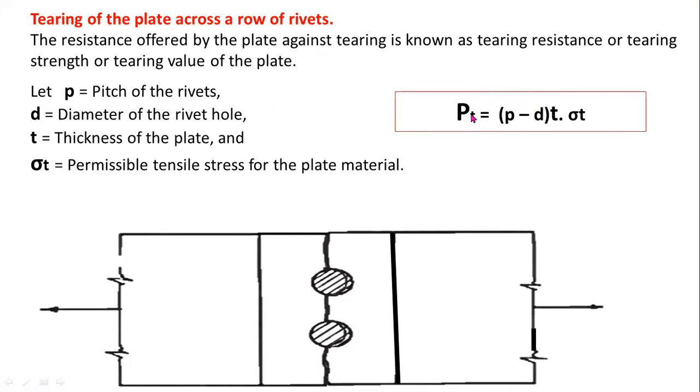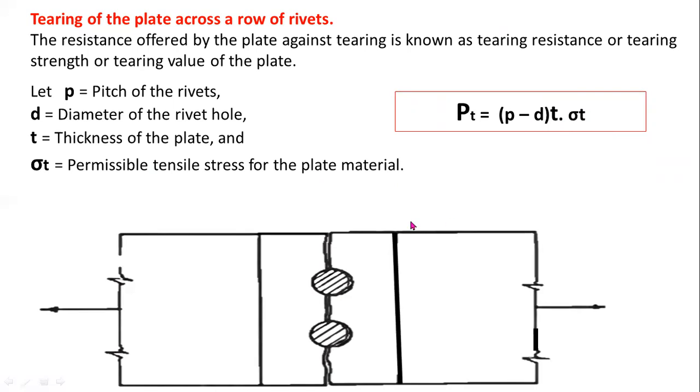Pt is the tearing strength or tearing resistance: Pt equals (p minus d) into t into sigma t. Sigma t is the permissible tensile stress induced in the plate material.